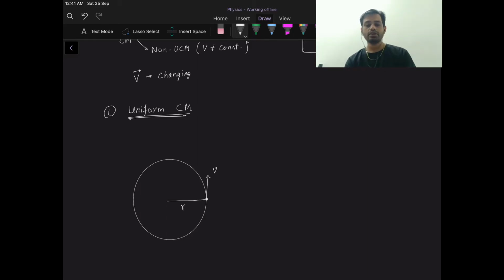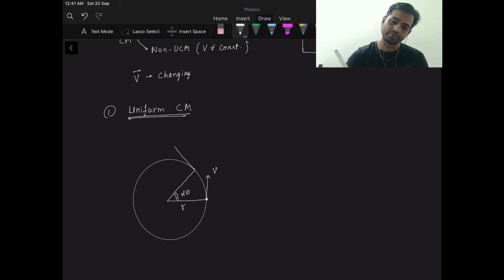In some small time dt, the particle will be rotated by a very small angle d theta. Now the velocity vector will be in this direction. Though this angle looks like a big angle, we are considering a very small angle.